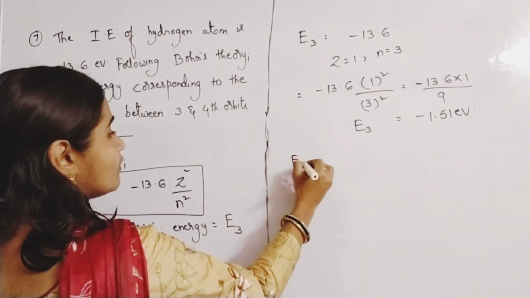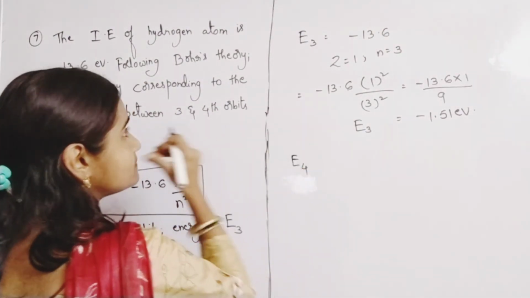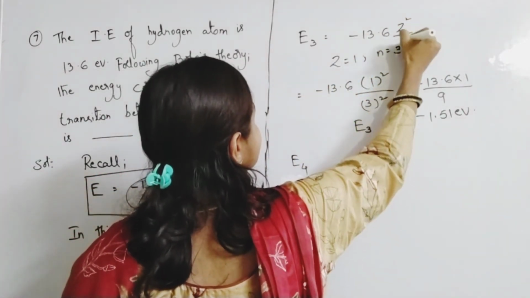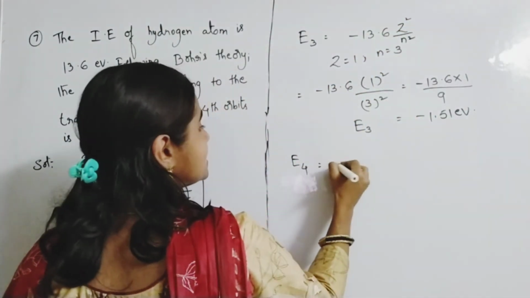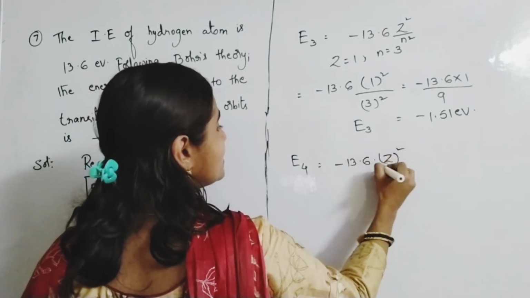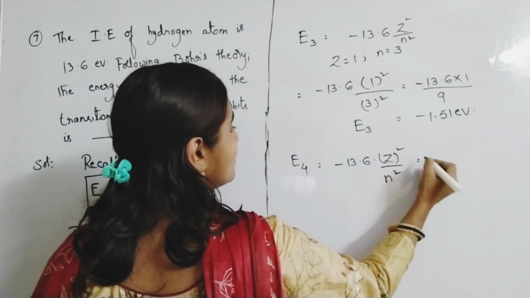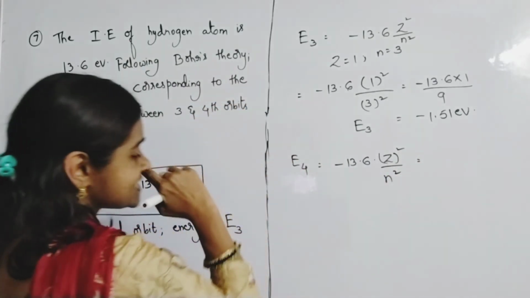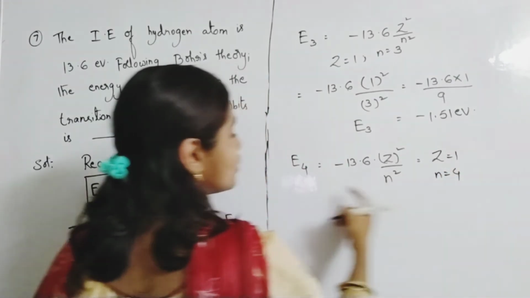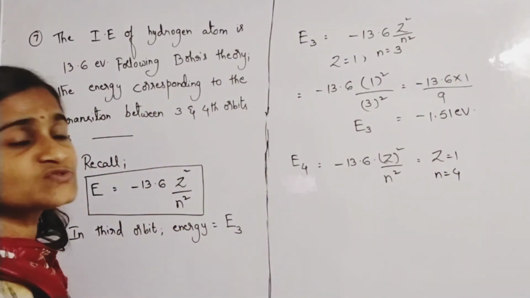So for E4, that is equal to minus 13.6 into Z square by N square. Here Z value is 1 only and N value is 4, for the fourth orbit.